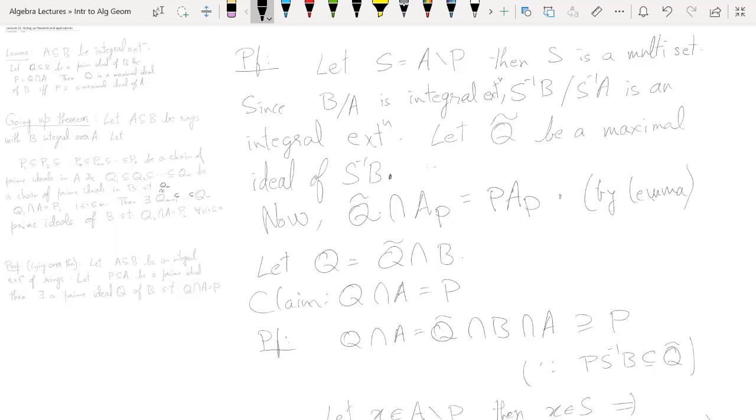This we saw last time: when you localize both the top and the bottom ring, it stays integral.